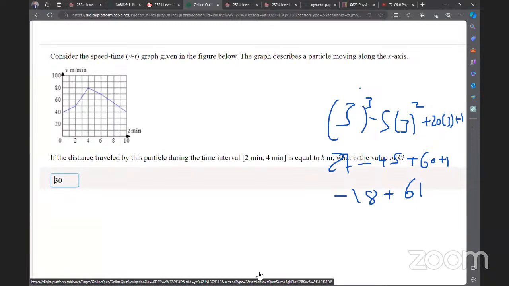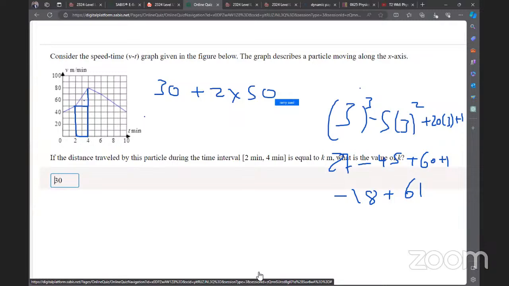He told me, yeah, from 2. Sorry, I forgot. I focused on this triangle only. I need to focus on this too. Sorry, I forgot this rectangle. Okay, so the area of this triangle is 30, plus the area of this rectangle. What is the area of this rectangle? It's length times width, 2 times 50.